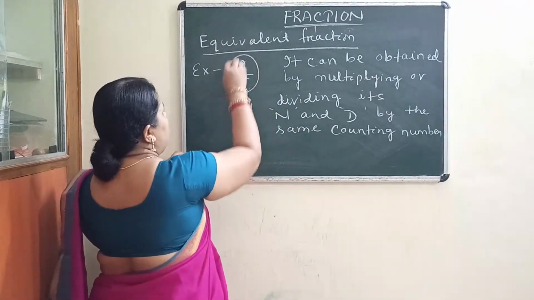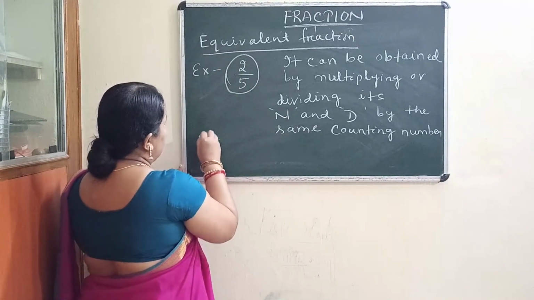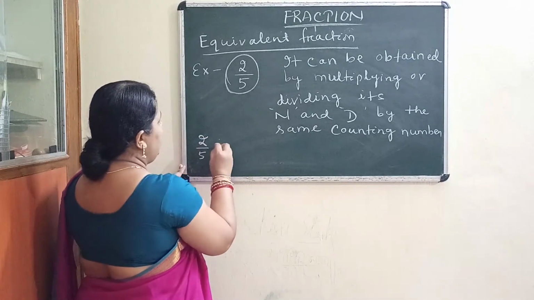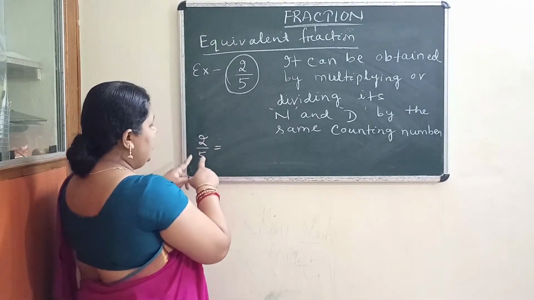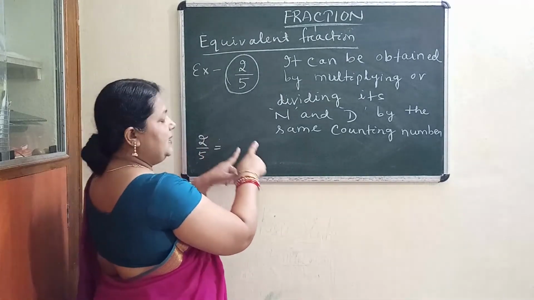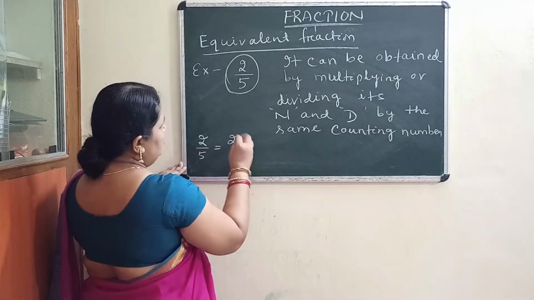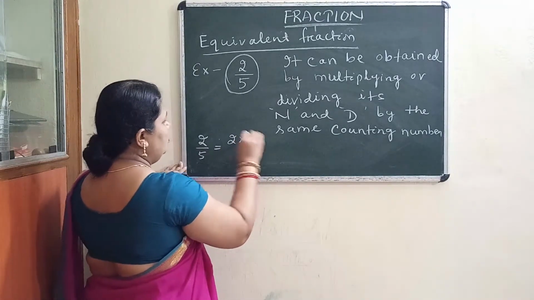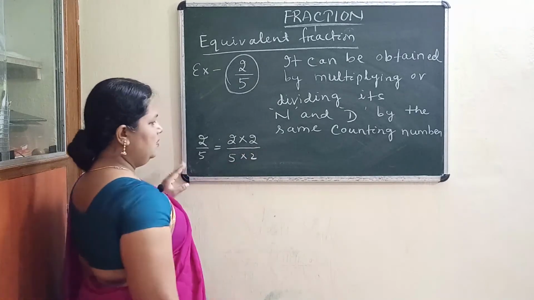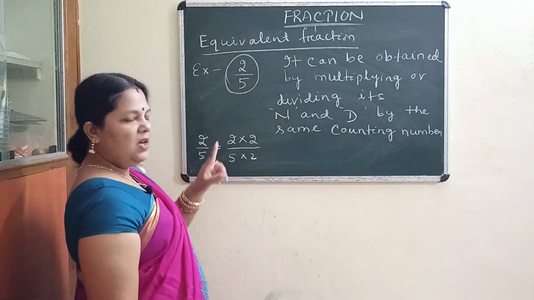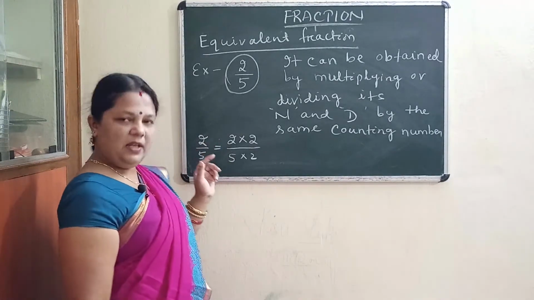Example I had taken 2 by 5. So according to the rule, to find out the equivalent fraction of 2 by 5, you have to multiply the numerator and denominator with the same counting number. So let's take 2 into 2, 5 into 2, because if you are multiplying by 1, so 2 into 1, 5 into 1, the same value will come.